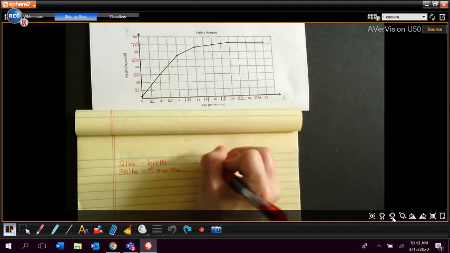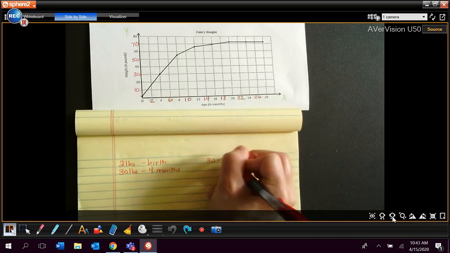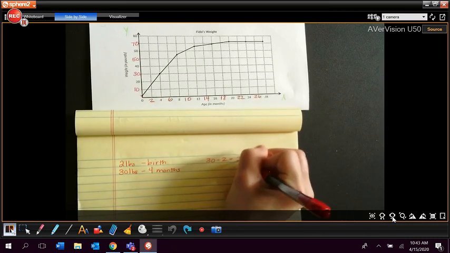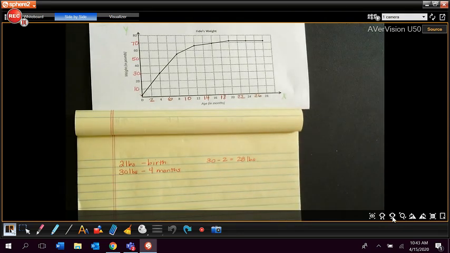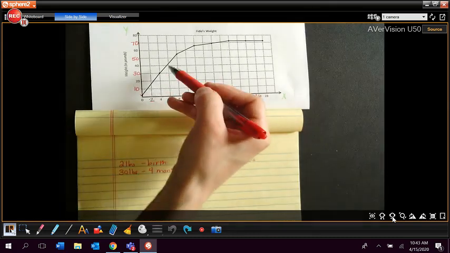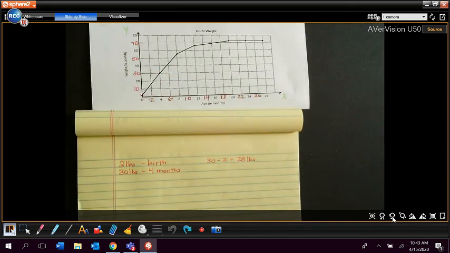And in order to find the difference, we have to subtract. So the answer for this one would be 28 pounds. Because he started with 2 pounds, then we know that it increased all the way to 30. The difference would be 28. So the answer for that would be 28.